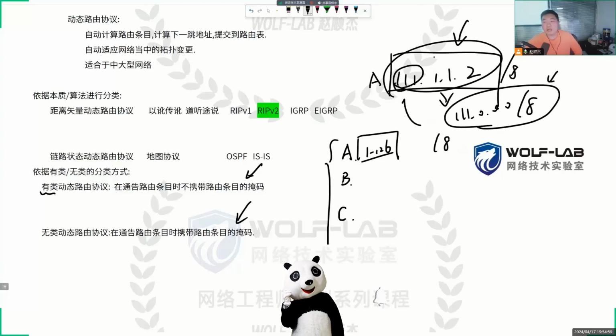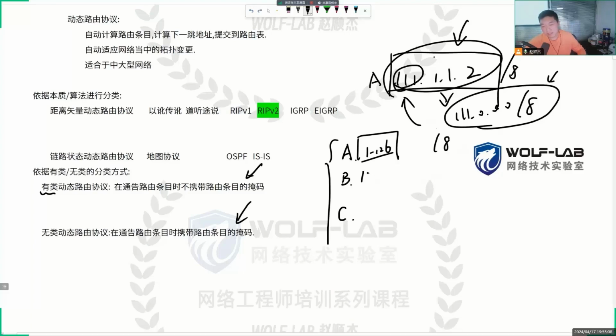Class B, 128 to 191, the first 16 bits are network bits. Class C, 192 to 223, the first 24 bits are network bits.